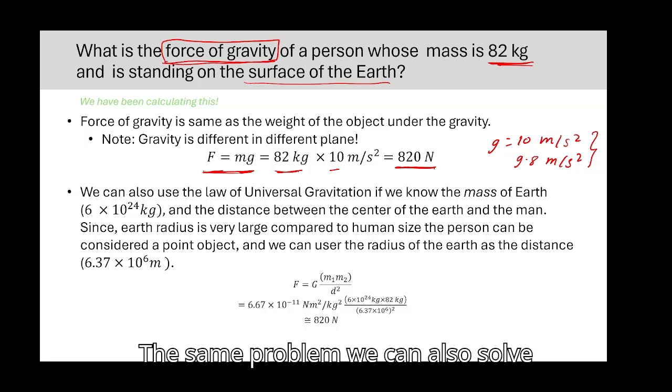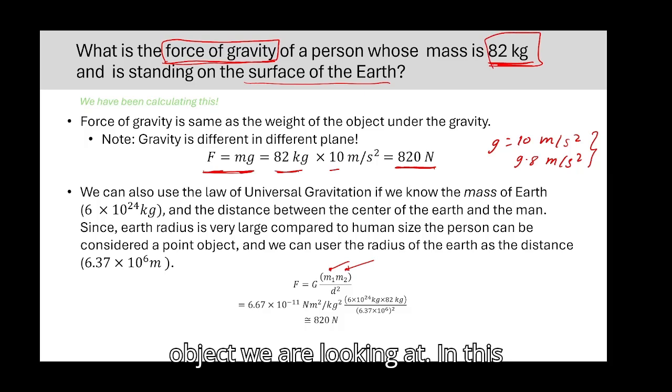The same problem we can also solve using Newton's universal law of gravitation, if we know the mass of Earth as well as the mass of the object we are looking at, in this case the person's mass.